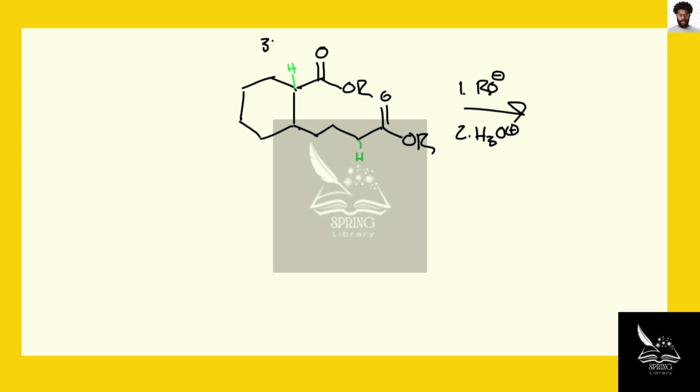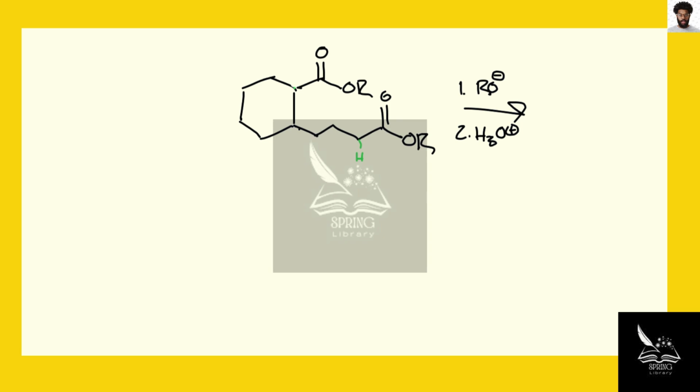And tertiary carbanions are less stable than secondary carbanions. Right? It's the opposite of carbocations. That is to say that this secondary beta hydrogen is more acidic than this tertiary beta hydrogen. So we're not going to see deprotonation of this hydrogen. We're going to see deprotonation of this hydrogen.